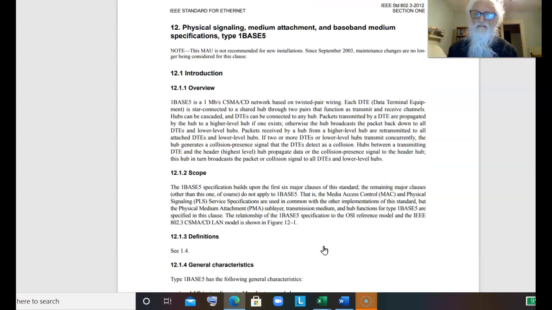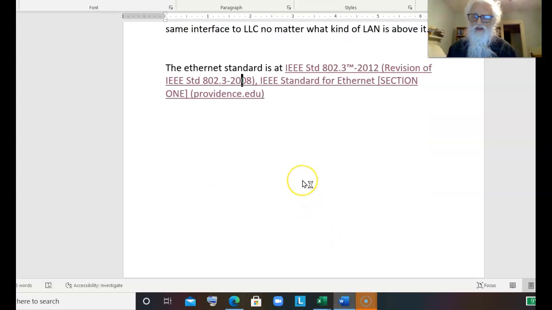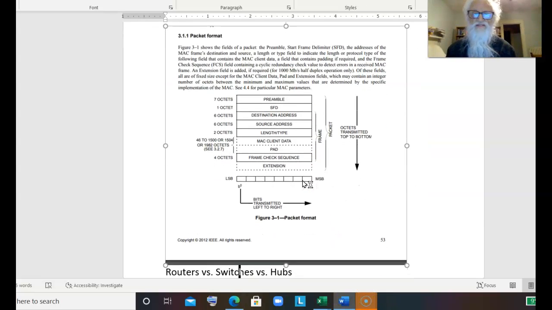It covers much of the three bottom layers. So I also excerpted from it the packet format for an Ethernet, and you can see the various pieces of it. And that's about the best I'm going to say about the LLC.